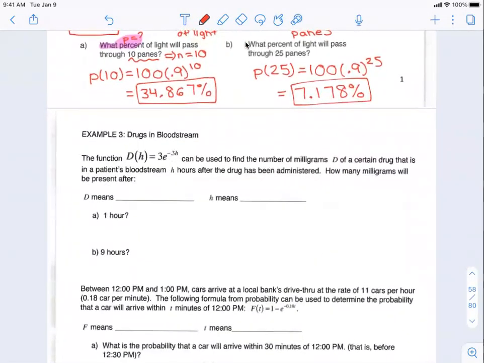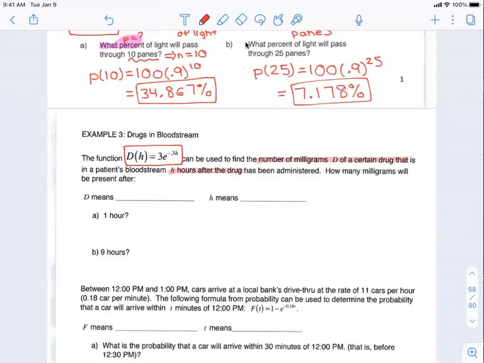So again, even the word problem's not bad because they give you the equation. So even if you look at example 3, you don't know what they're talking about, doesn't matter. They've given you the equation. Line up what the variables mean. So it says can be used to find the number of milligrams D of a certain drug that is in a patient's bloodstream H hours after the drug has been administered.